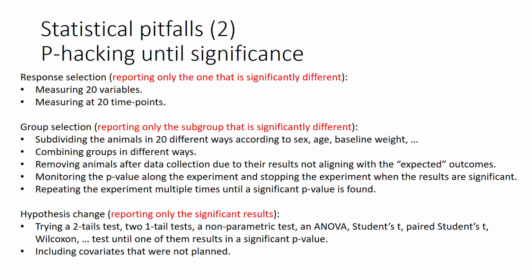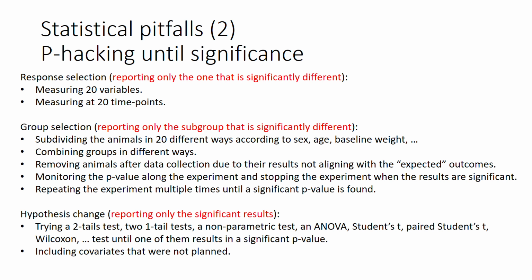And that happens every 20 experiments, but you are also doing this if you are measuring 20 variables and doing 20 hypothesis tests, or if you are measuring at 20 time points. So this 5% significance level is going against you, because on average, 1 in 20 times you will think that there is a difference when there is not.